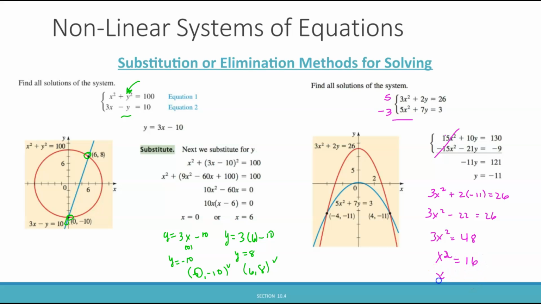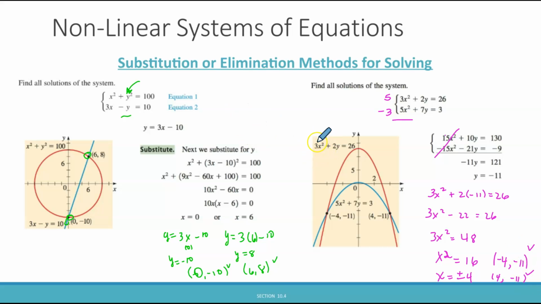I'm applying the square root, so I have to remember to apply the plus or minus. The square root of x squared is x, and the square root of 16 is 4. So the two solutions we get are x equals negative 4 and positive 4, and y is negative 11. And here's our solution for this nonlinear system.